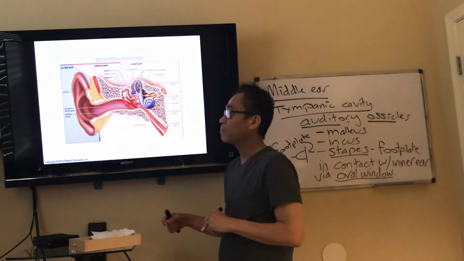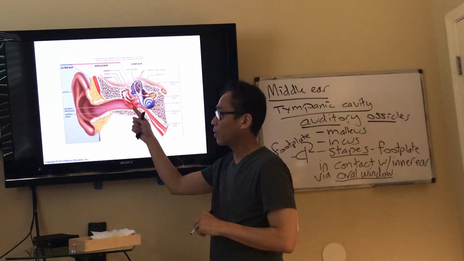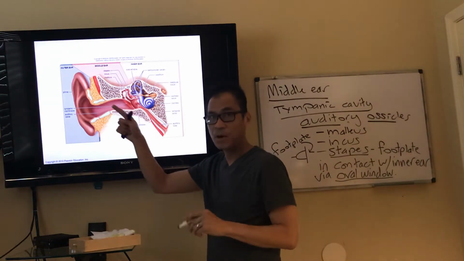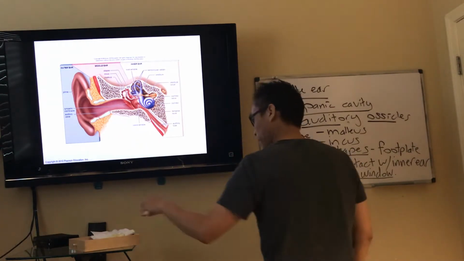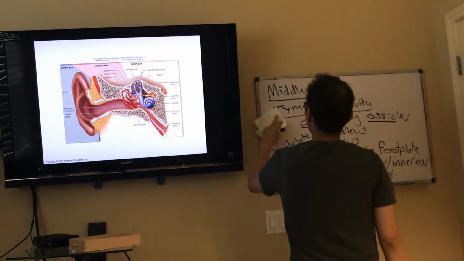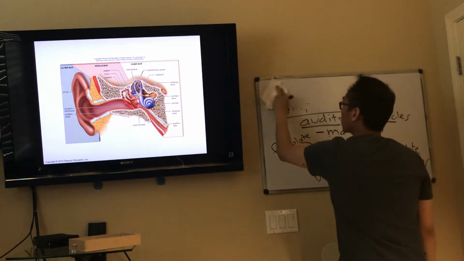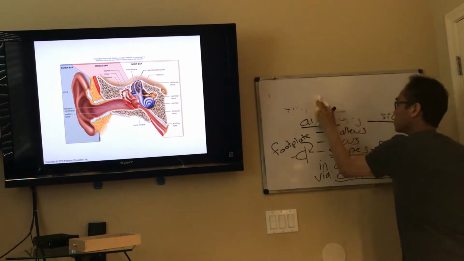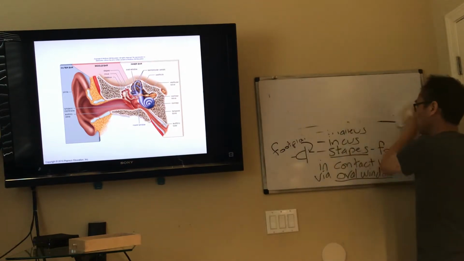Now it's called the tympanic cavity because there's a tympanic membrane. I'm going to include that as part of the outer ear. So let's talk about that. More on auditory ossicles later.